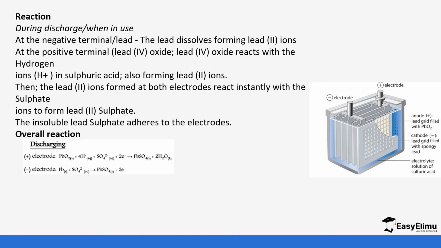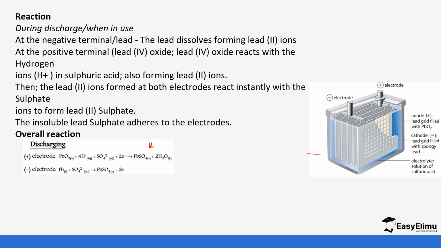So if you were to look at the reaction occurring at the anode and the cathode, at the anode, the lead oxide reacts with hydrogen ions to release electrons and sulfate ions, as you can see from the equation, to give lead sulfate and water. And then lead ions as well, also at the cathode, gain those 2 electrons to form lead.